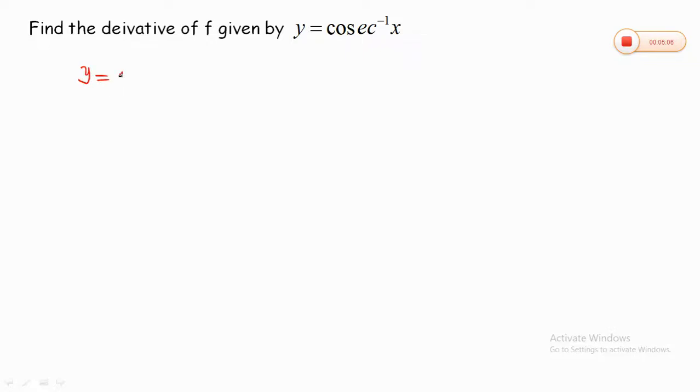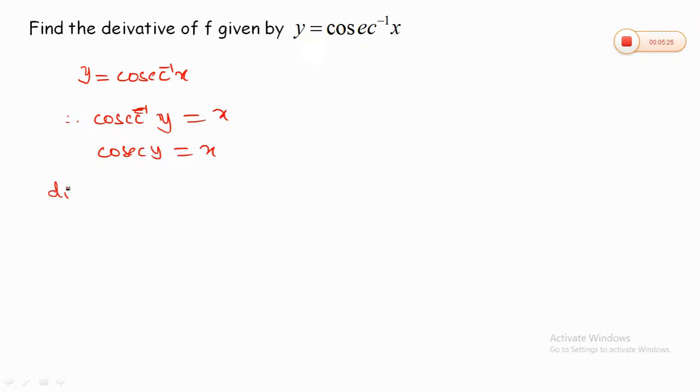Y equal to cosec inverse x, so cosec y equal to x.